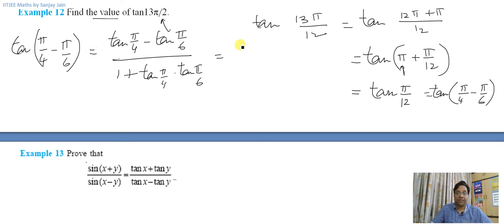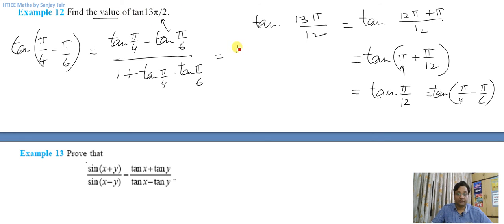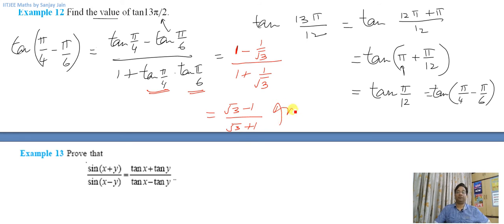So tan pi by 4 is 1, minus tan pi by 6, that is tan 30 degrees, so 1 by root 3, divided by 1 plus 1 times tan pi by 6, which is 1 by root 3. So it will give you root 3 minus 1 divided by root 3 plus 1 as your answer. Okay.